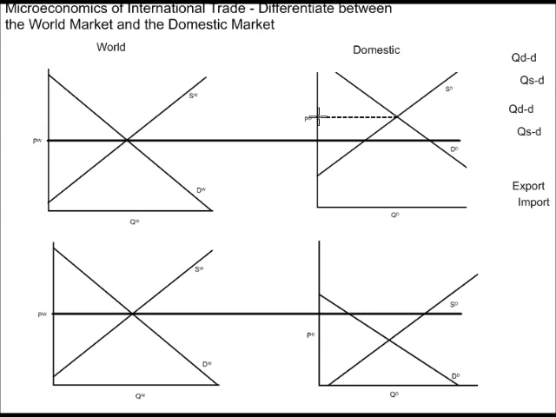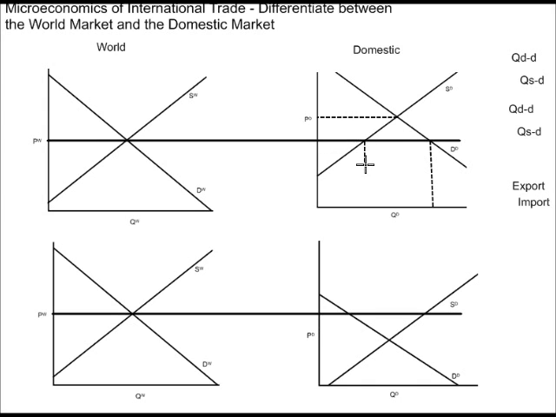But if we're going to engage in globalization and world trade, world prices are lower than what domestic markets would otherwise produce without trade. We can think about low prices, what impact they have. At these low world prices, domestic quantity demanded is going to go up. At these low prices, gosh, our domestic producers are not going to be happy about that.